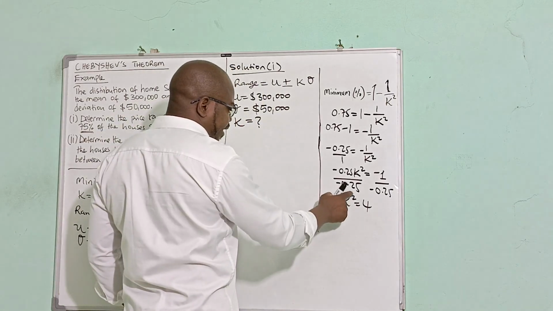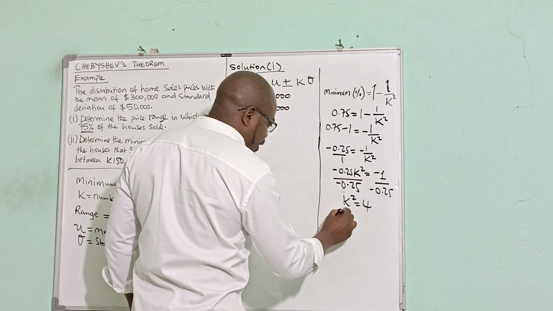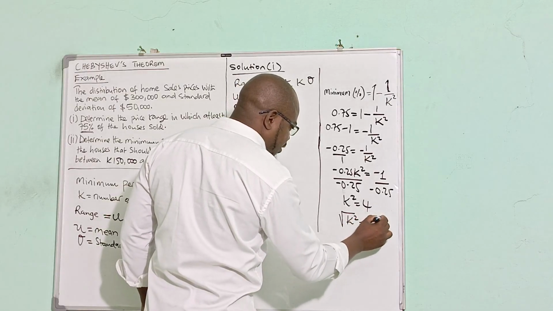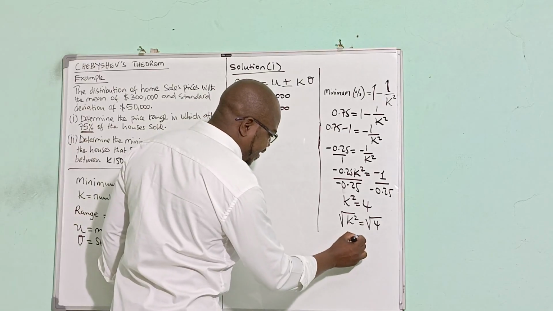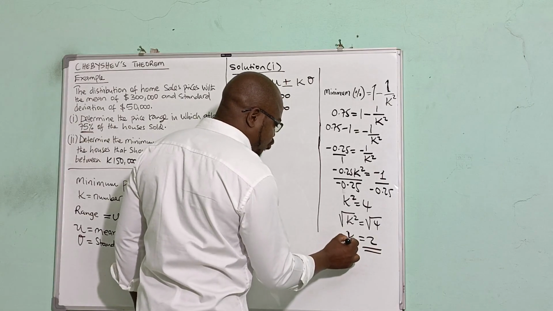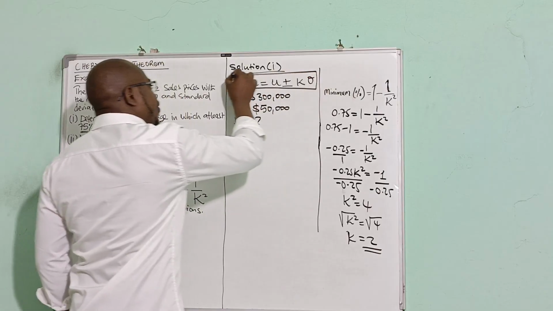To eliminate the square, we take the square root of both sides. K squared becomes k, and the square root of 4 is 2. So now our k is 2.